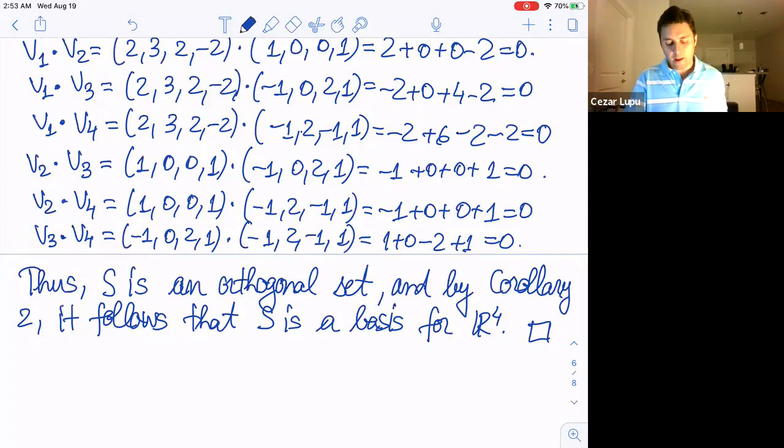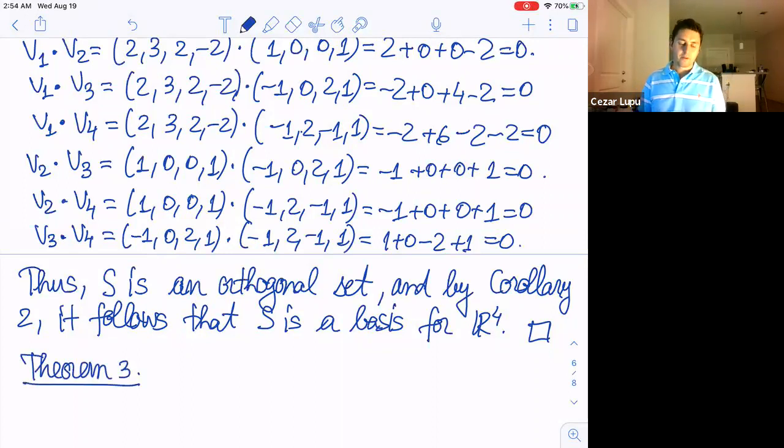Now I'm going to go back a bit to representing coordinates relative to an orthonormal basis. We have the following theorem, theorem 3, which concerns the coordinates relative to an orthonormal basis.